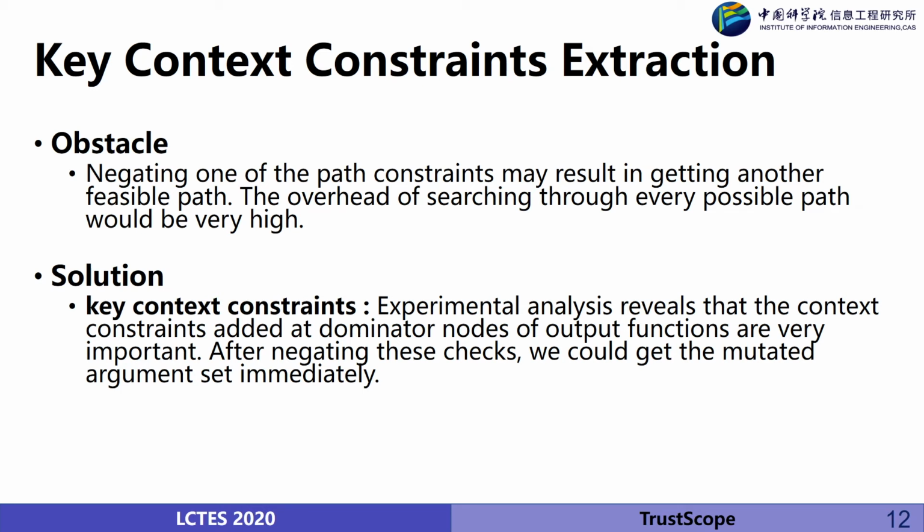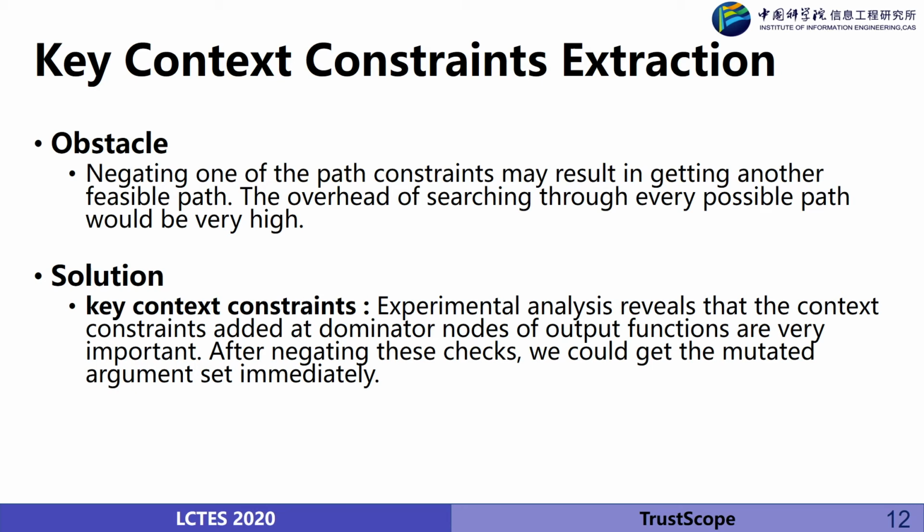Our goal is to find an invisible interval for the PDL instruction arguments. In other words, we need to find the unfeasible path targeting output function in order to get a value that cannot be generated under normal circumstances. The overhead of searching through every possible path would be very high. Experimental analysis reveals that the context constraints added at the dominator nodes of output functions are very important.